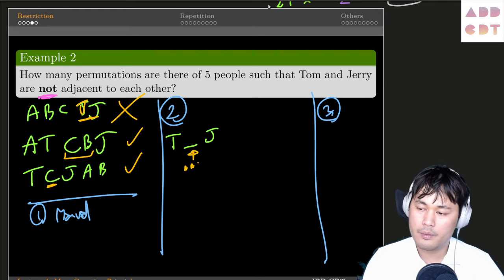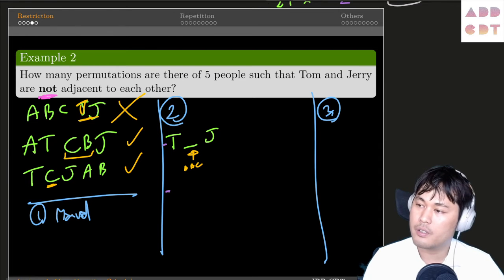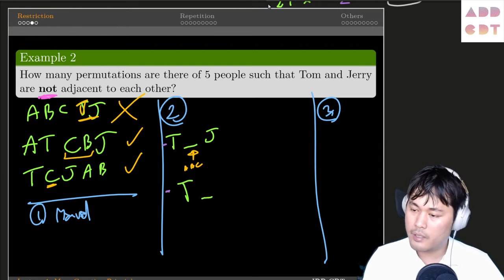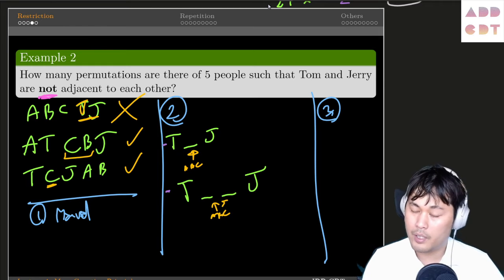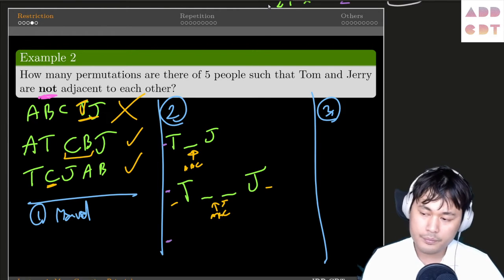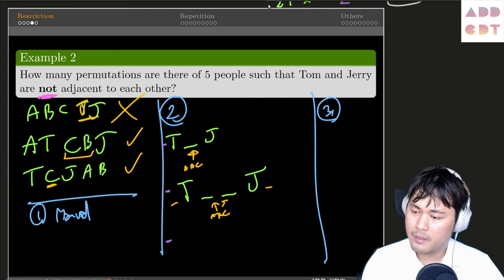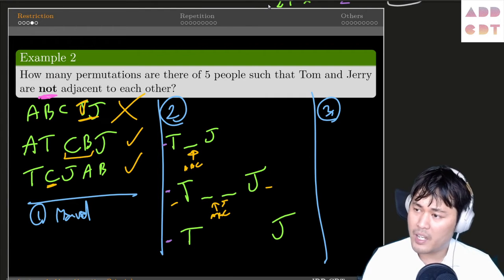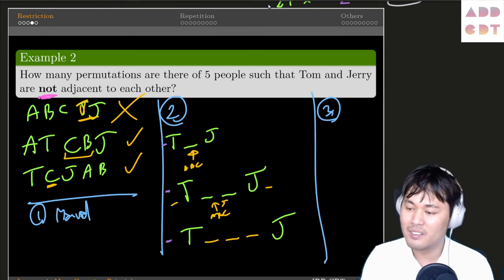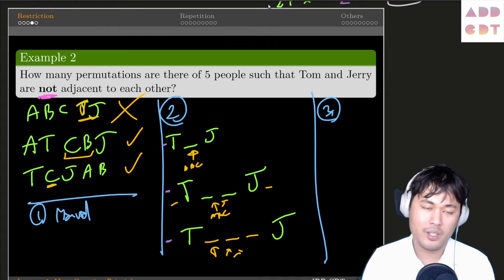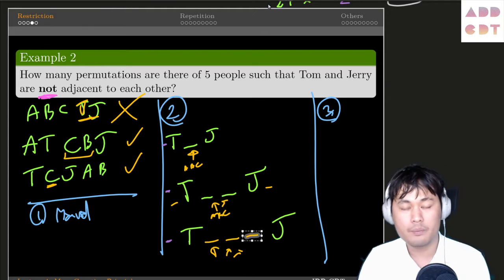Maybe it's A, B, and C, and that's going to be one of the possible permutations. Oh, there can be two people between them. Then we're going to have to put the last person somewhere in the front or on the back. And lastly, we can have all three people between them, in case they hate each other so much. We can do it this way: put A, B, and C in between T and J.